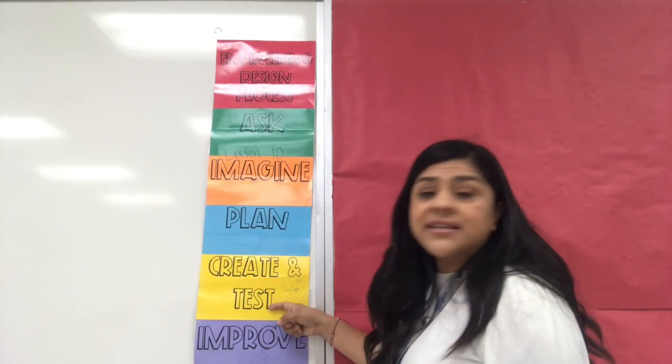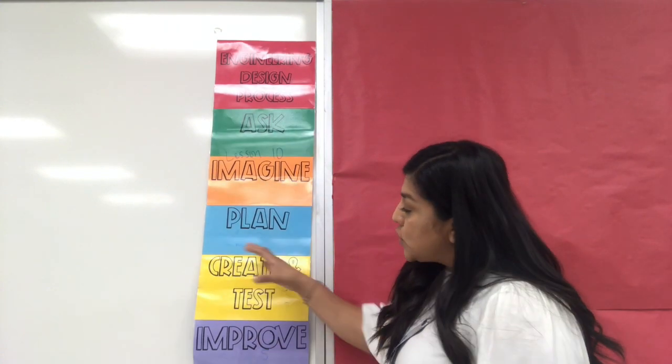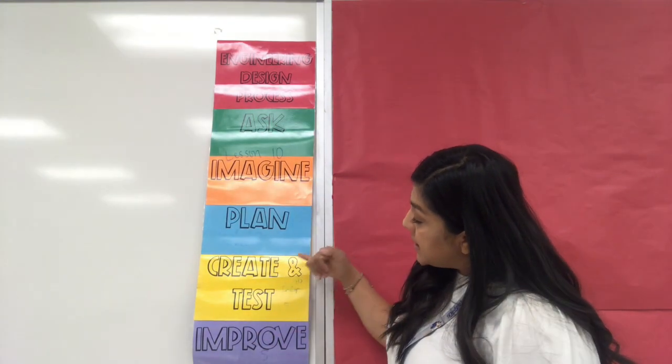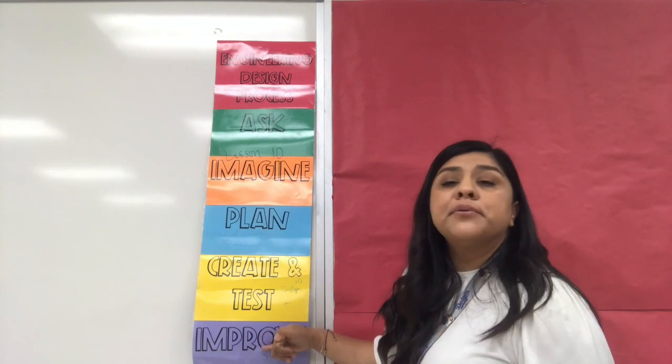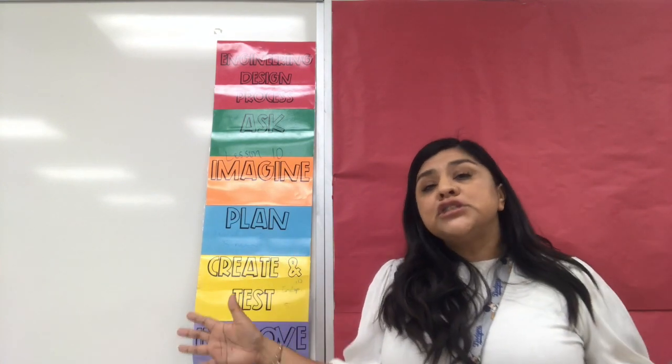Should I make it again? What can I change to make it better? And then they test it again and they improve. So a lot of the time is spent in creating, testing, and improving, making it better. The first time you make something, it might not be the best, but then the next time you make it, you're like, oh, I could change that. I could make it better.